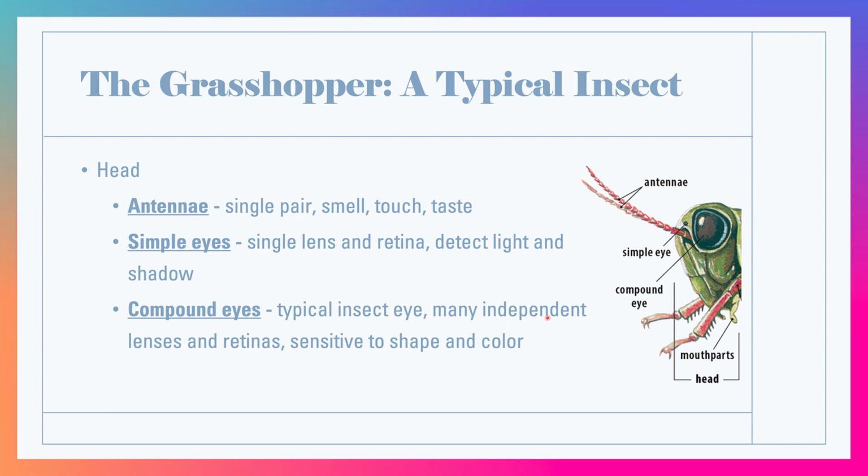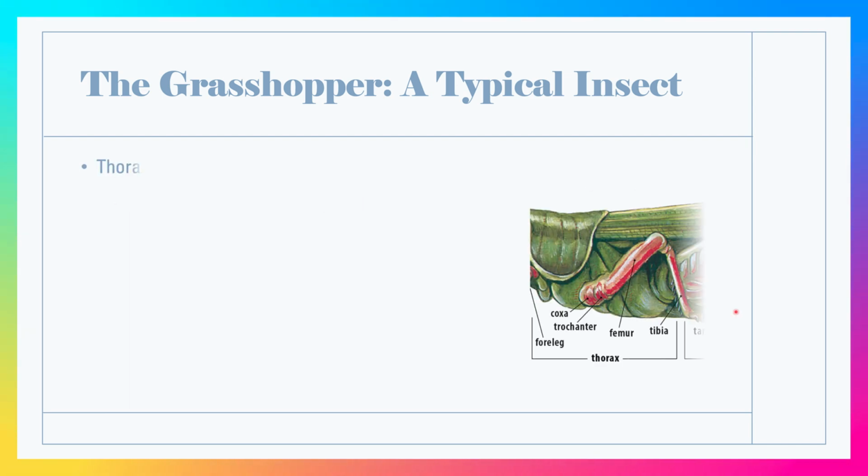There are independent lenses and retinas which all come together to create a single eye. And it's sensitive to shape and color. And that's this big thing that we associate with an eye, is this part right here. And then the mouth parts, the components of the insect's mouth, are down here.